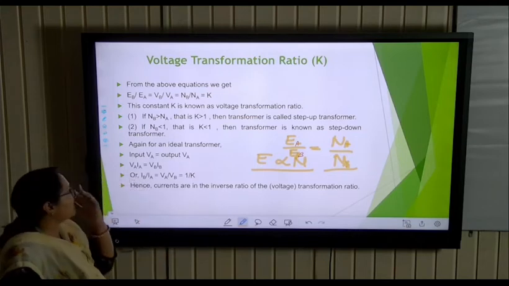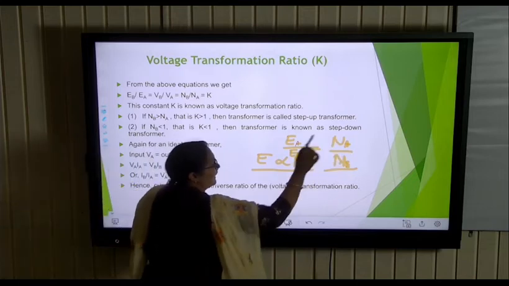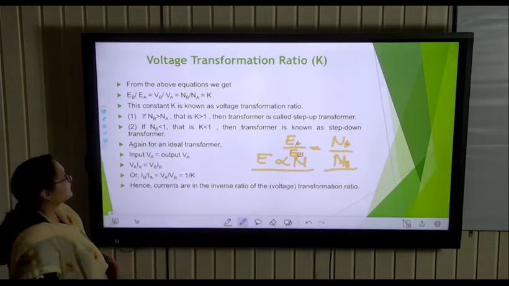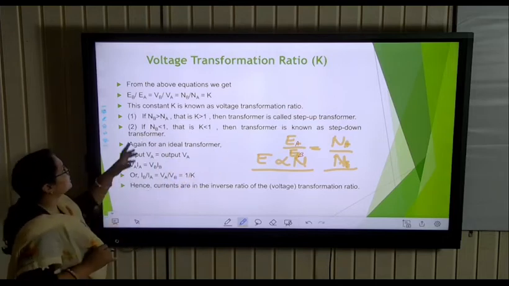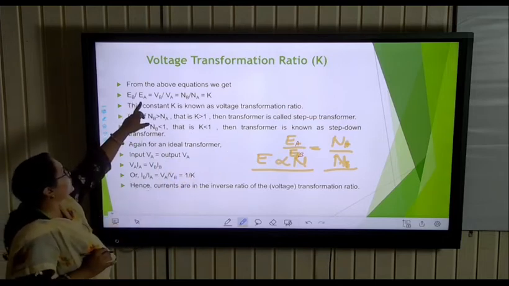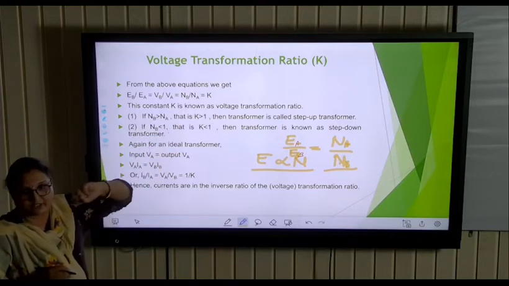But transformation is always explained in terms of secondary to primary turns, that is K. So just take the reciprocal of this equation, and you will get the secondary voltage to primary voltage is equal to Nb upon Na, and K is the transformation ratio.